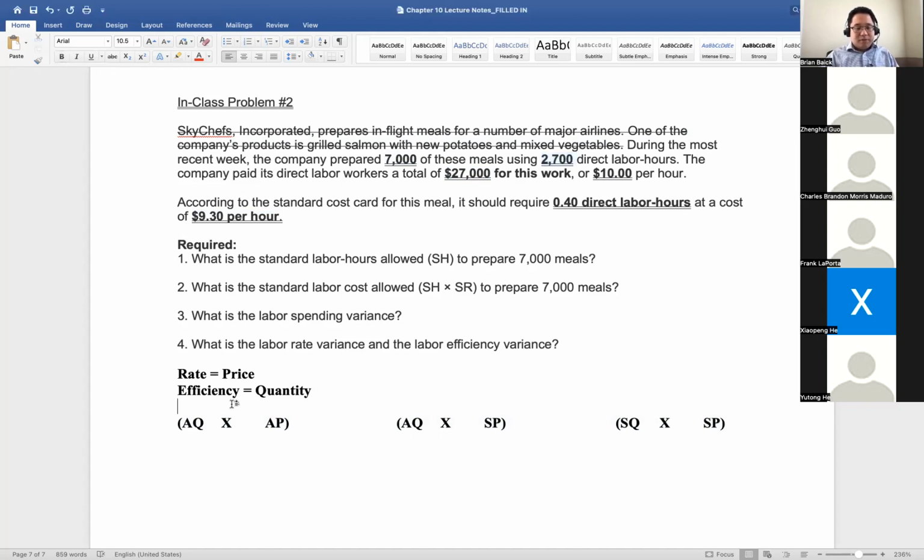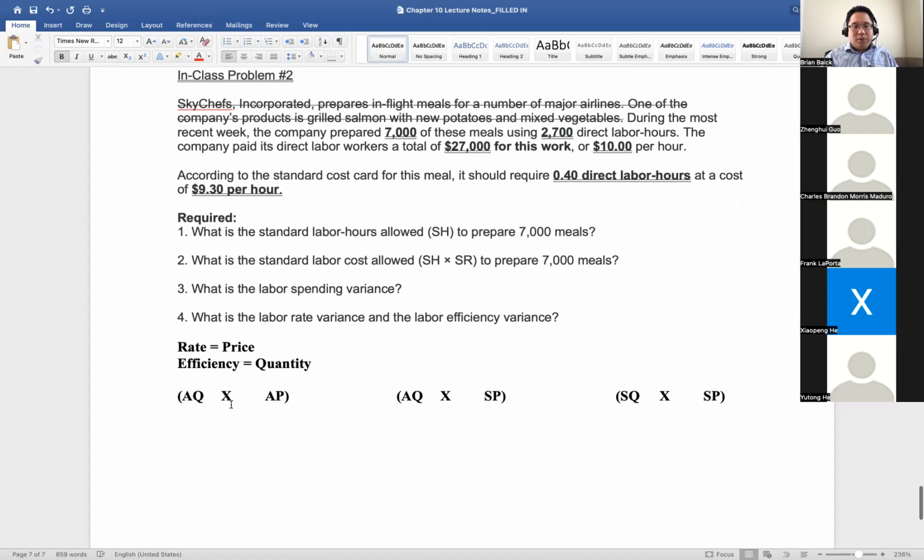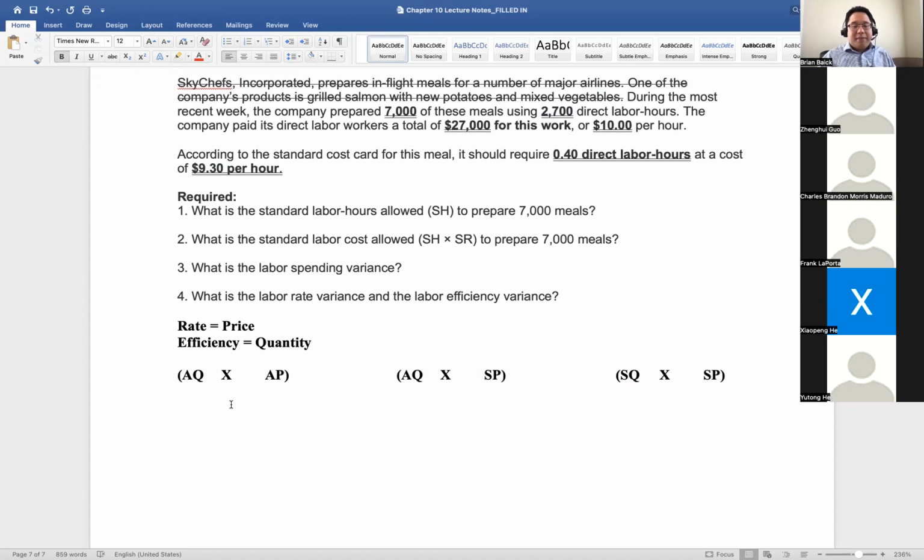Okay, so we need to take a step back here. What are we doing? We're trying to figure out how much did it actually cost to make 7,000 meals, and how much is it supposed to cost to make 7,000 meals?